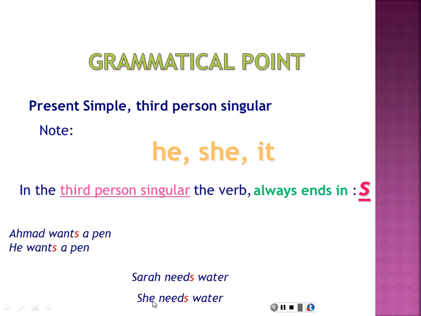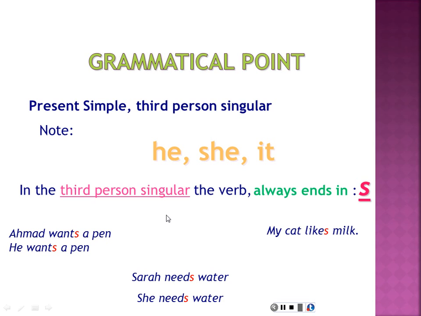So she needs water, or Sarah needs water. In both cases, if we have a noun or a pronoun, we add s because we have the third person and it is singular. ضمير مفرد للشخص الغائب، أو نتحدث عن third person، عن شخص غائب.